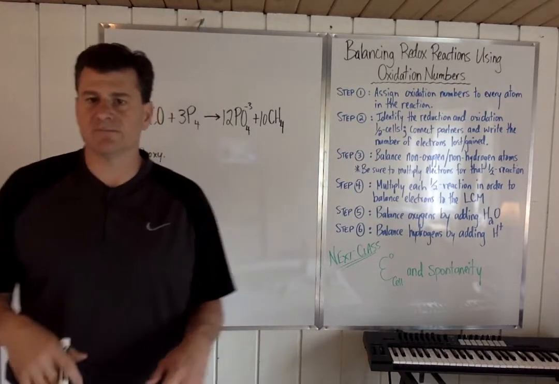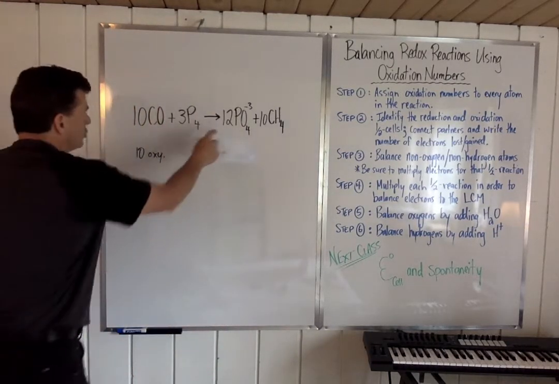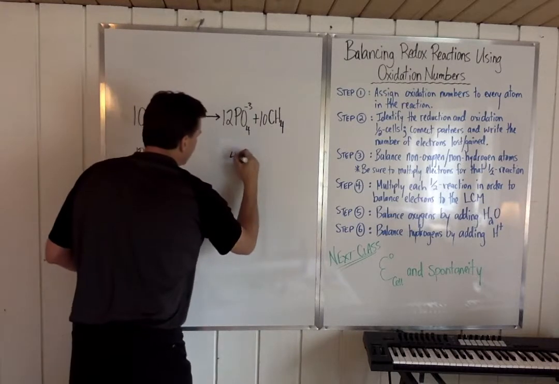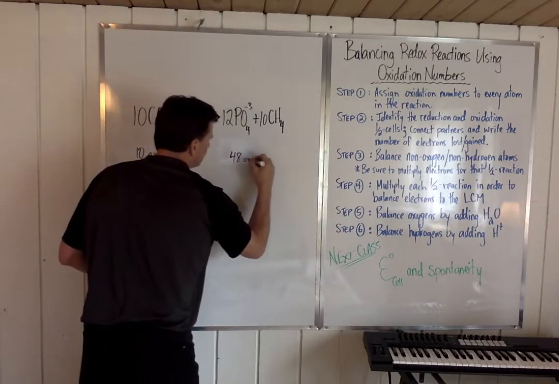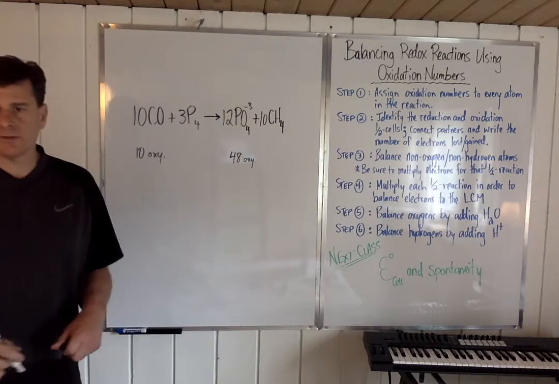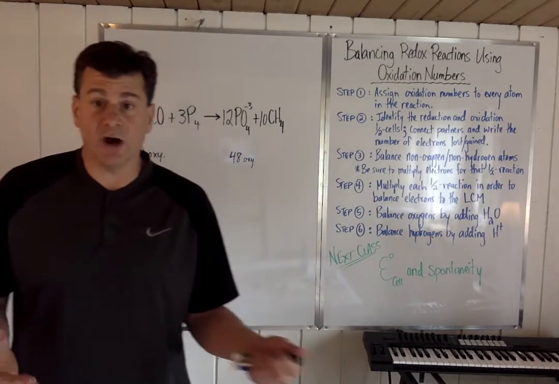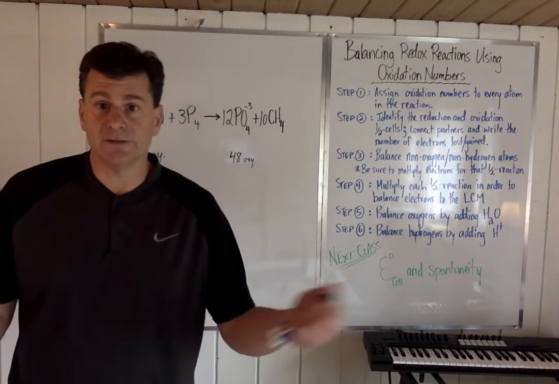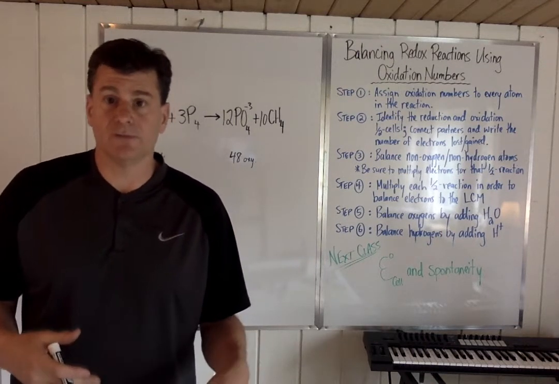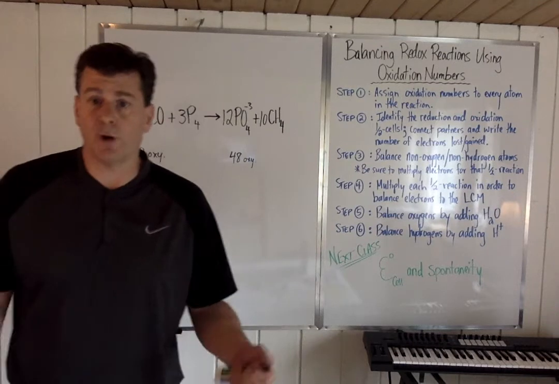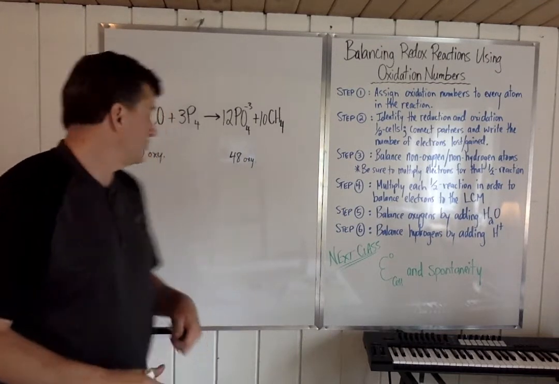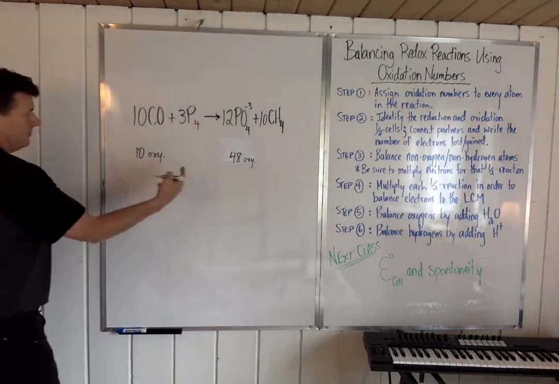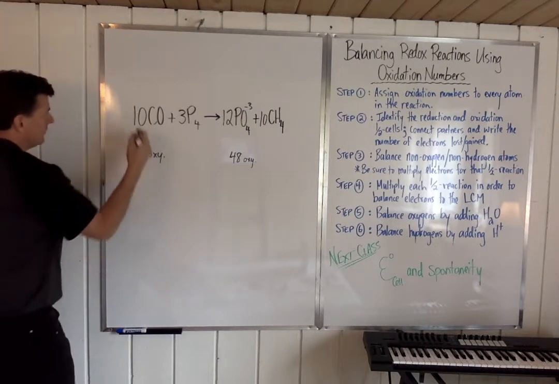I'm just doing it to demonstrate what I'm saying. 12 times 4 is 48 oxygens over here. Okay, so there's a difference of 38 oxygens. So how do I get 38 oxygens? Well, 38 water molecules, because every water has 1 oxygen to it. So this side is short oxygen, so I need the water over here.